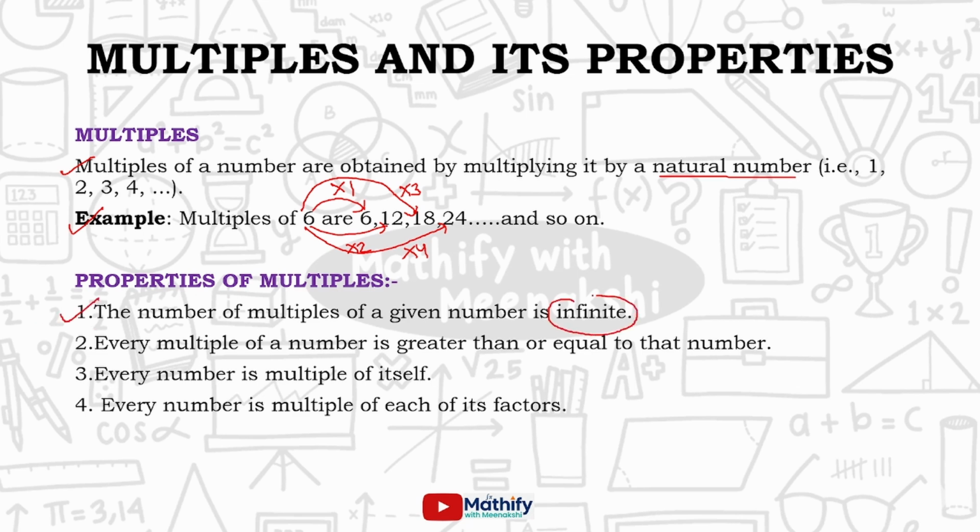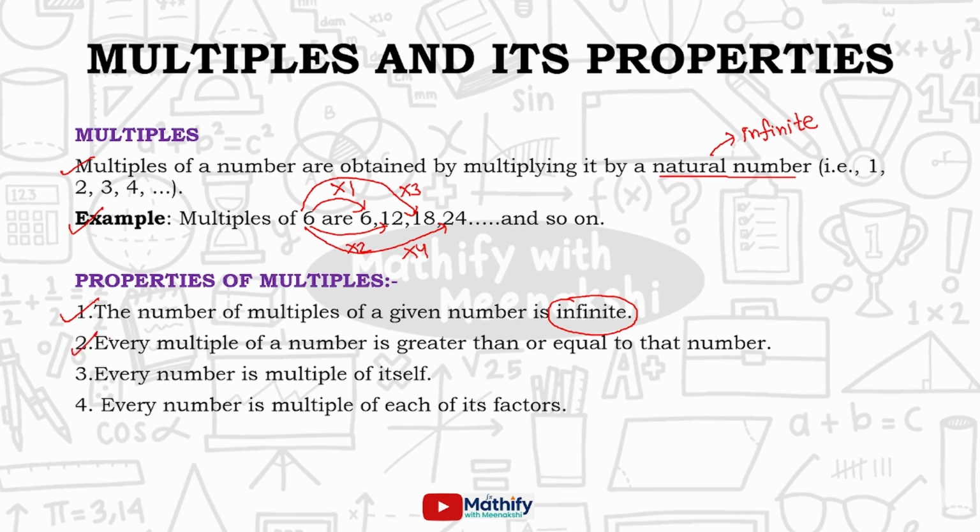Why is it infinite? Because you are multiplying the number by natural numbers to get the multiples, and natural numbers are infinite. So that's why your multiples are also infinite, because you can multiply 6 with any number, by lakh, by crore, by billion, by trillion, any number, and you will again get a multiple of 6. That's why it's infinite. So factors are finite, but multiples are infinite.